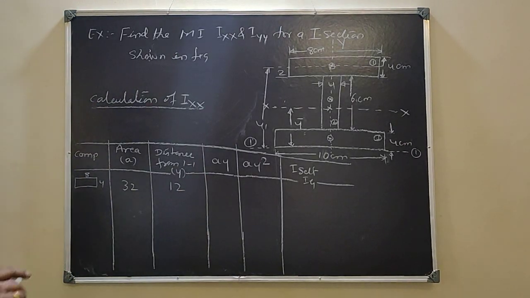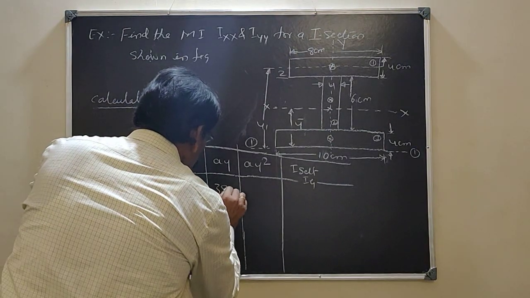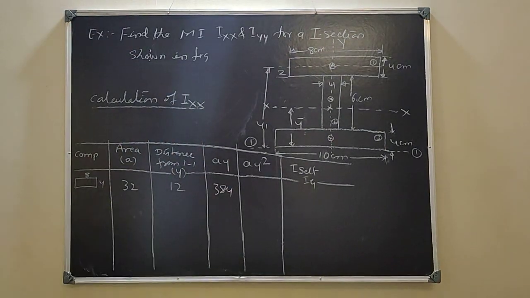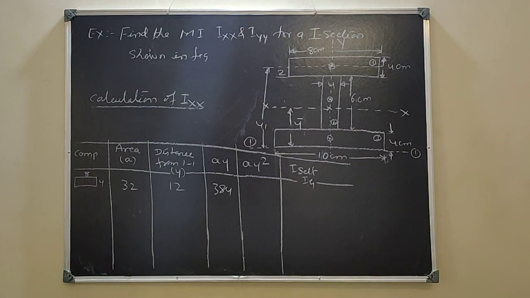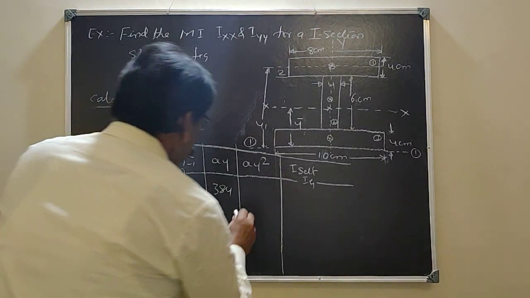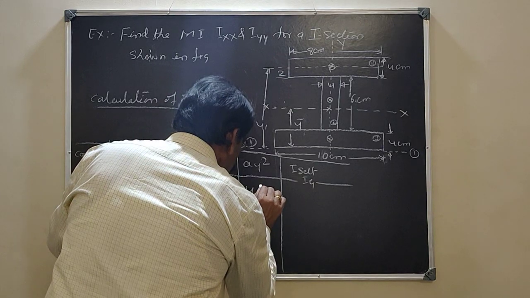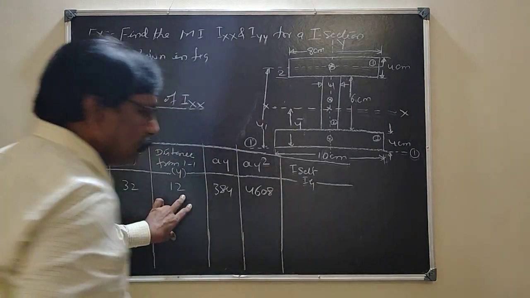And then ay is equal to 384 and ay square is equal to 4608.